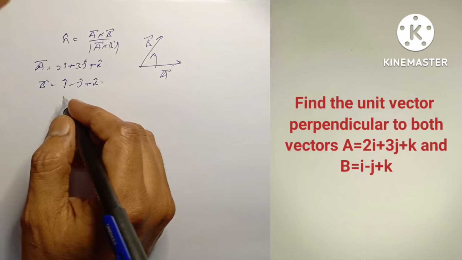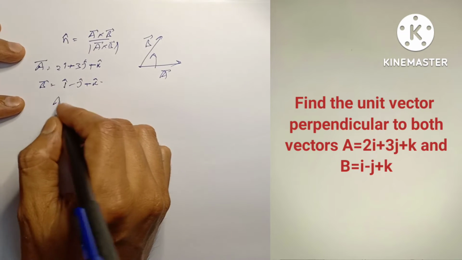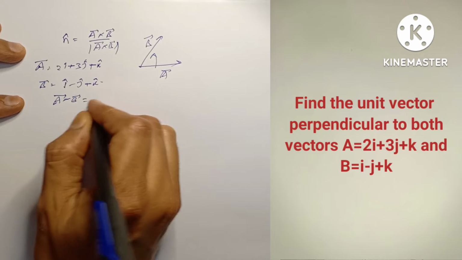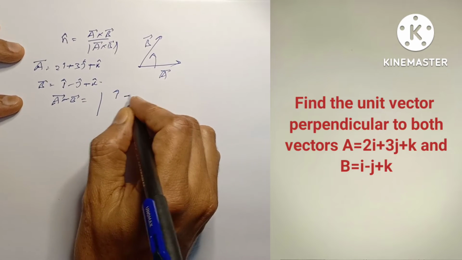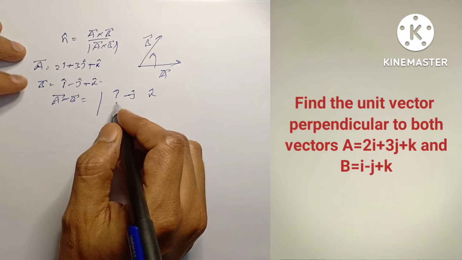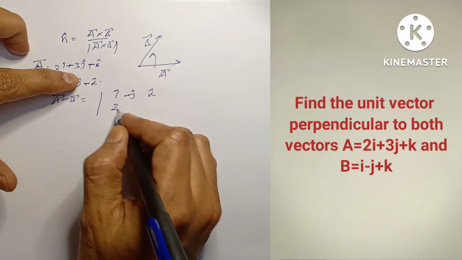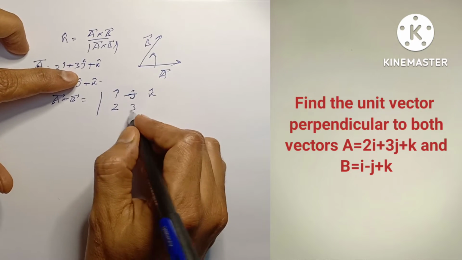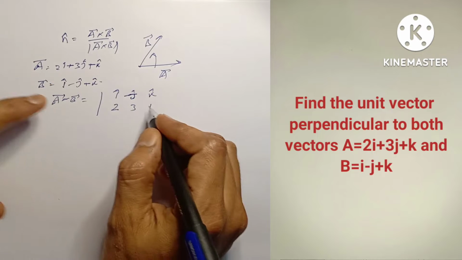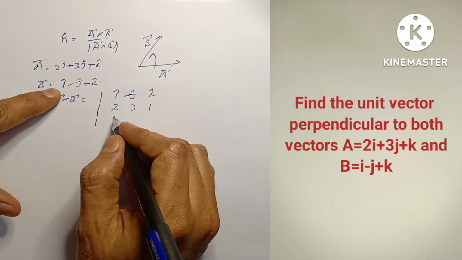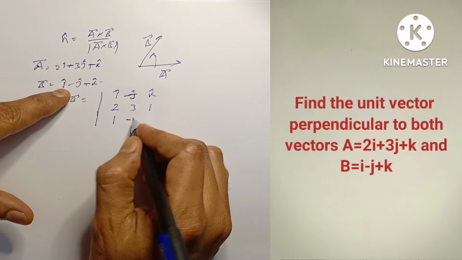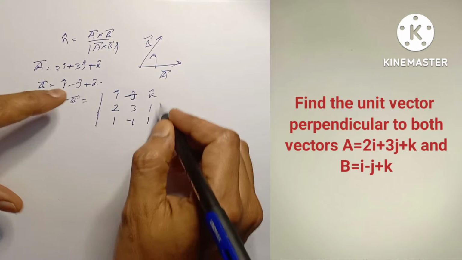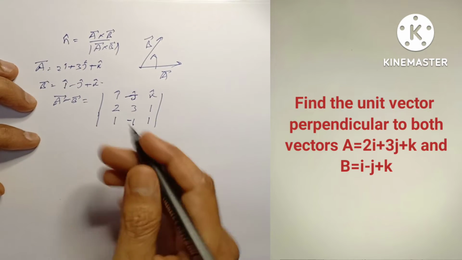So how to get a cross b? We know by determinant, a cross b equals i, j, k, and components of a: 2, 3, and 1, and components of b: 1, minus 1, and 2, all discussed in our previous lecture.